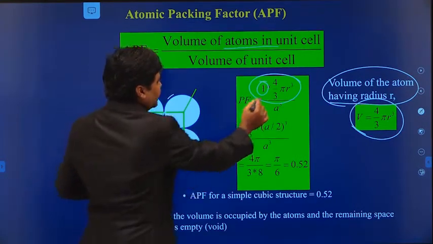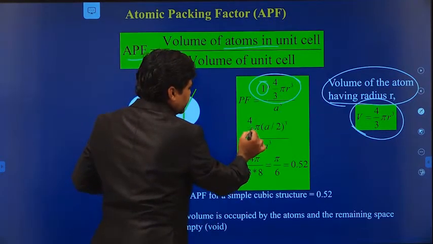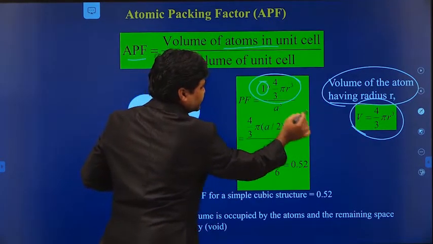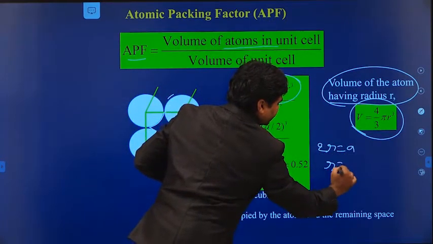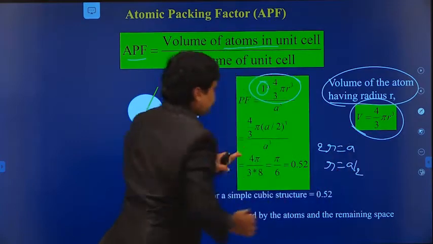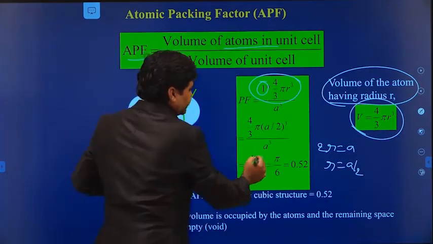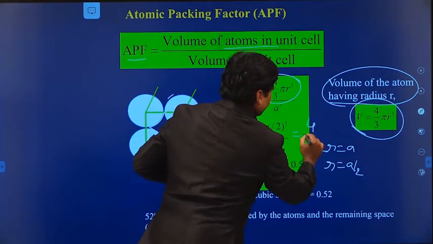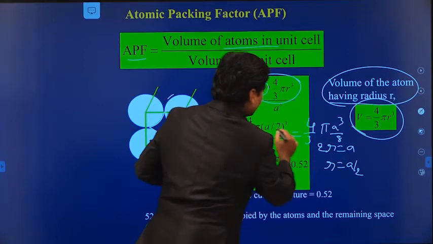So the volume of the atoms divided by the volume of the unit cell. The volume of the atoms is equal to 4/3 pi, and instead of r, we substitute a by 2, because 2r equals a, so r equals a by 2. If you simplify this, it becomes 4/3 pi a cube by 8, because 2 cube becomes 8.